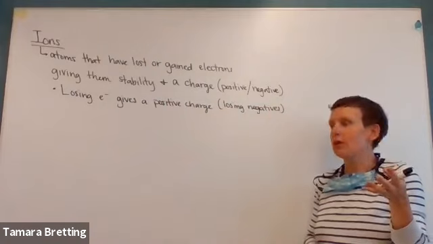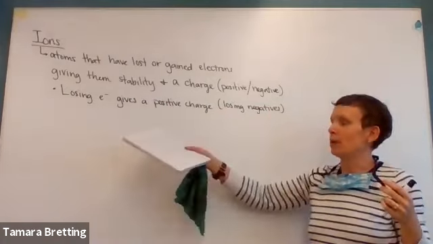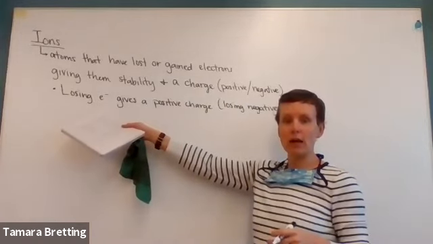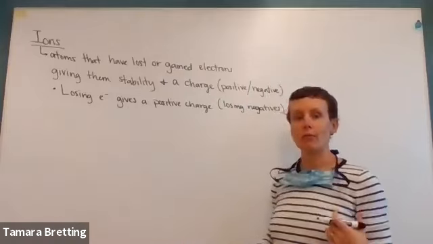So, kind of an analogy: if you lose negative things from your life, you're becoming more positive, right? Electrons have that negative charge. That's why we write e minus. You lose electrons, you're losing negatives, you're becoming more positive.